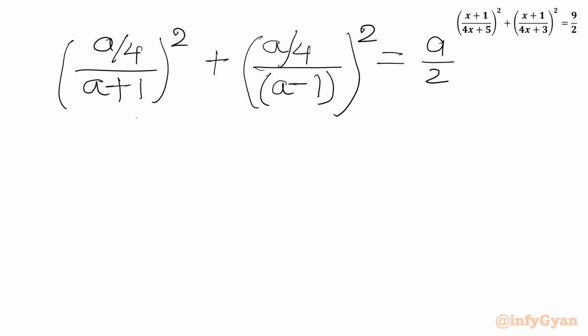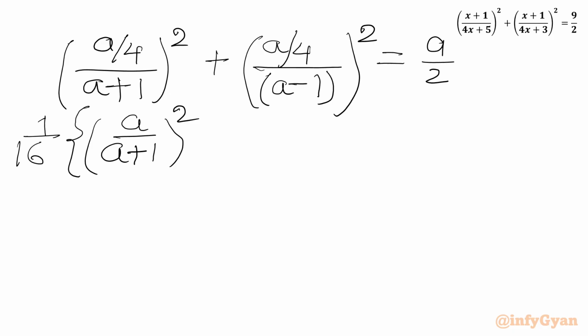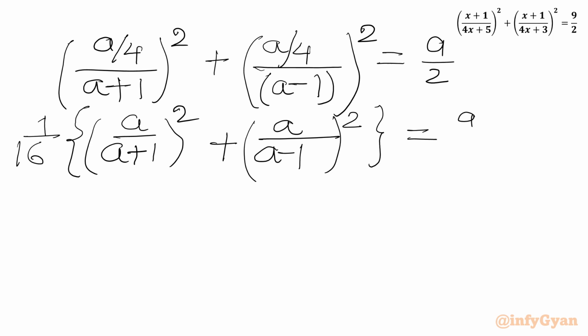Or we can write a over a plus 1 whole square, and 1 over 4 whole square is 1 over 16. So let us write 1 over 16 outside this bracket. Here I will be writing a over a minus 1 whole square equal to 9 over 2.